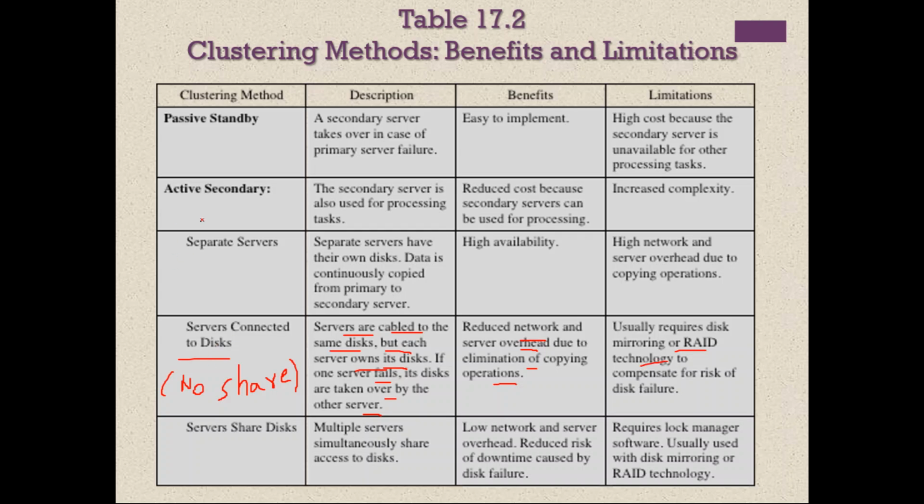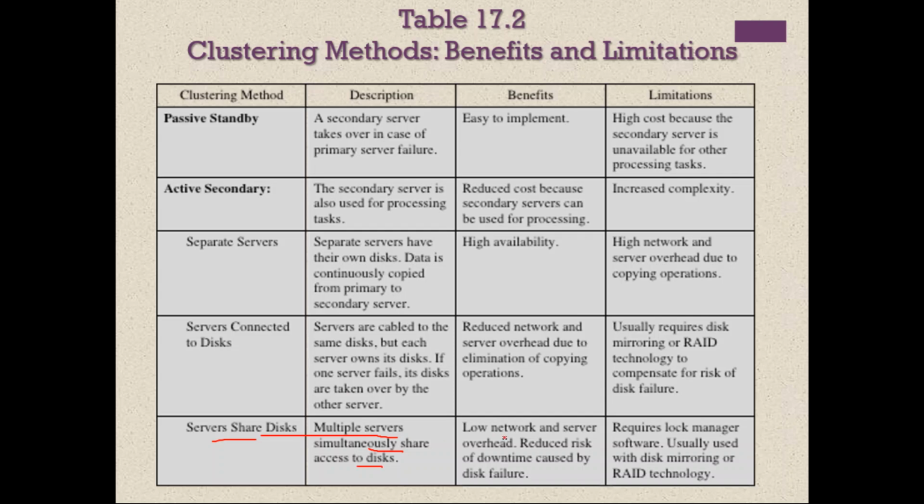And the other model of active secondary is servers share disks. Here they actually share the disk. Not only are they connected, but they share the common disk. Multiple servers simultaneously share access to disks. Simultaneously they can access the same disk.